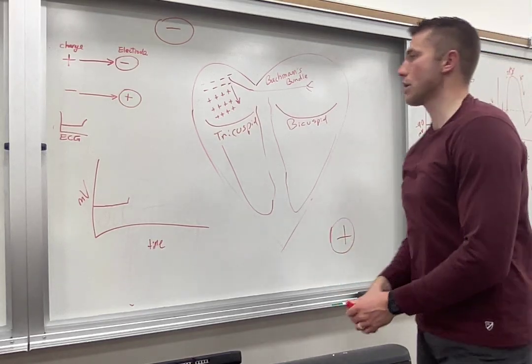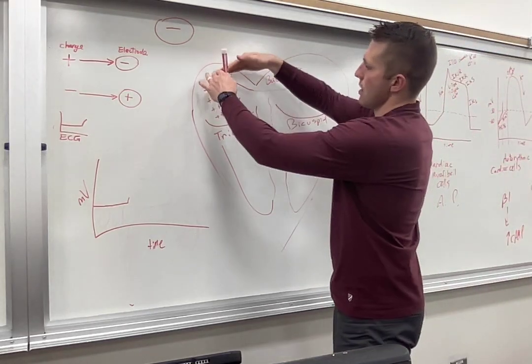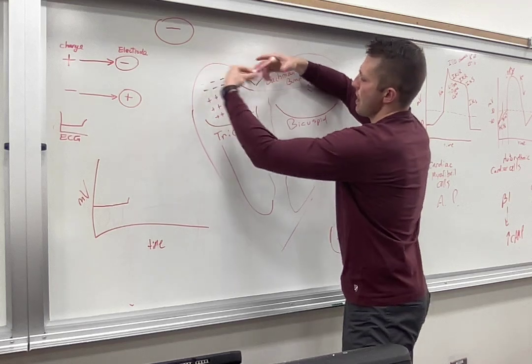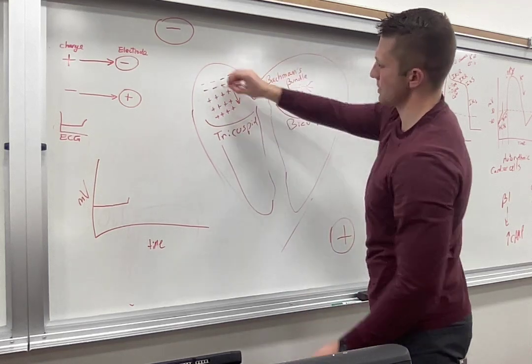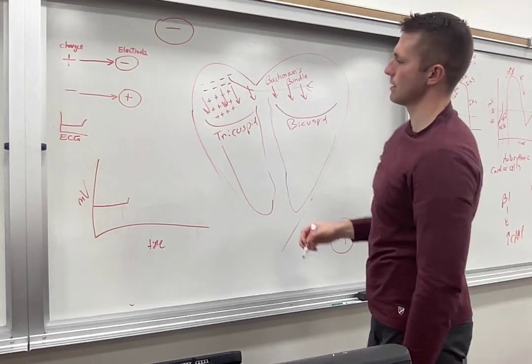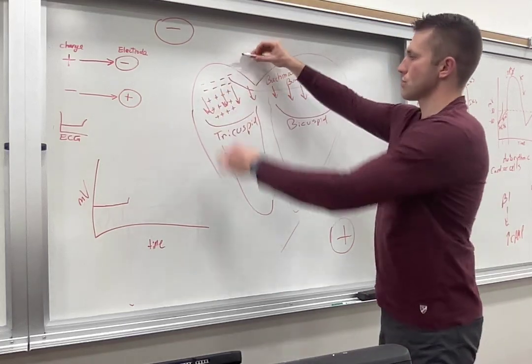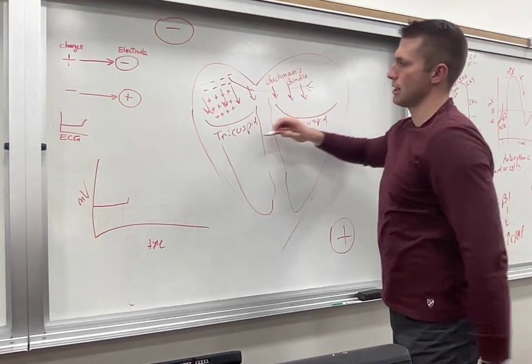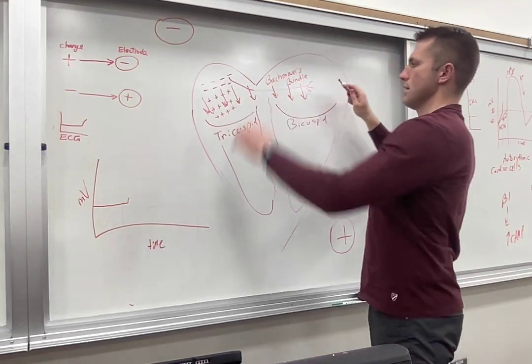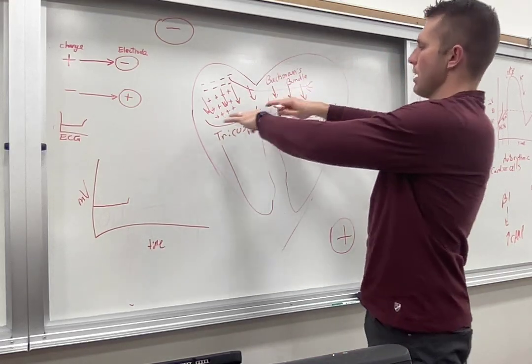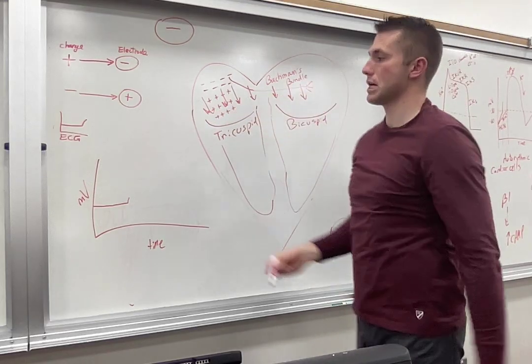Okay, so we have all of these collective vectors traveling like that. And they're all traveling down until they get to the end of the atria.